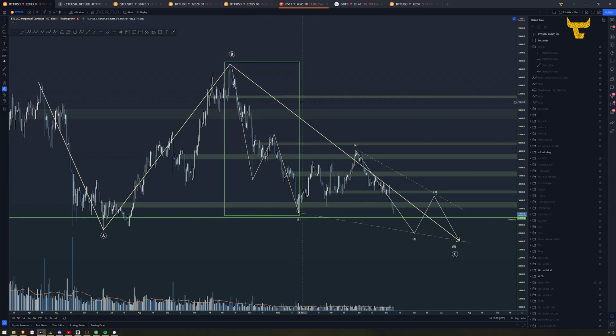And so the ending diagonal can be both, it just needs to be the same for each wave, but as this one can be both, this one can still be both.